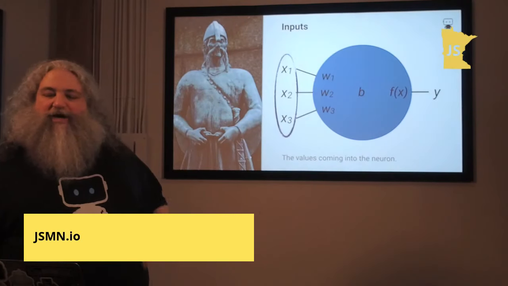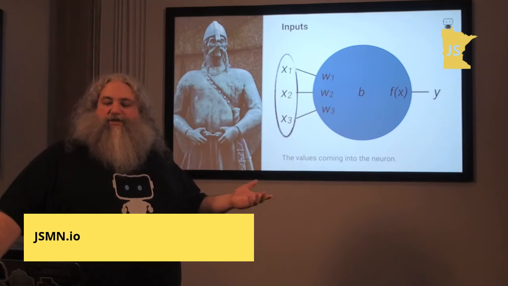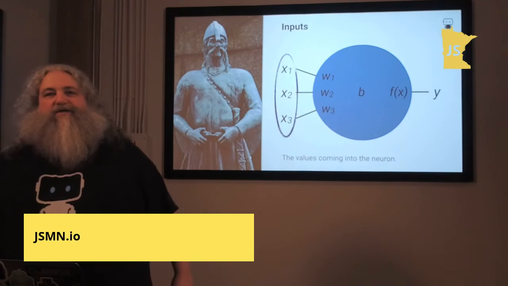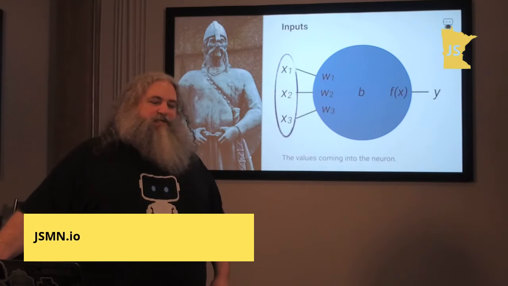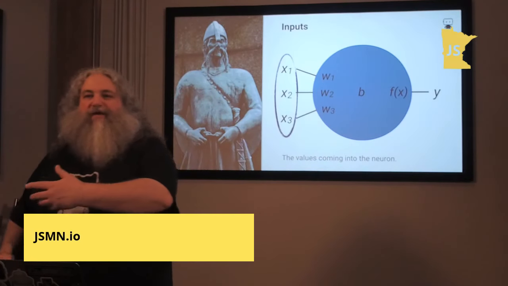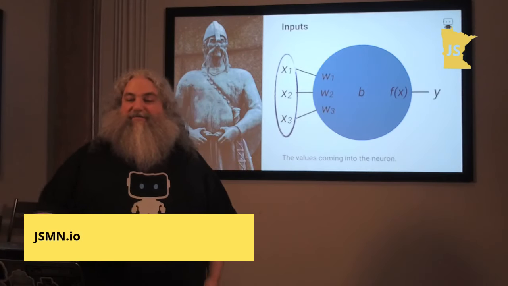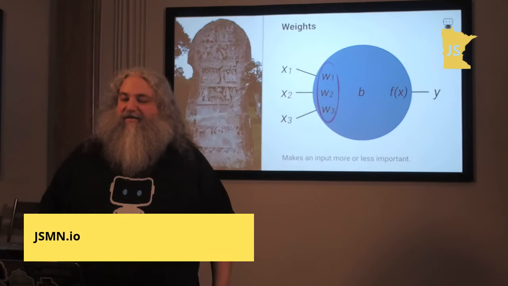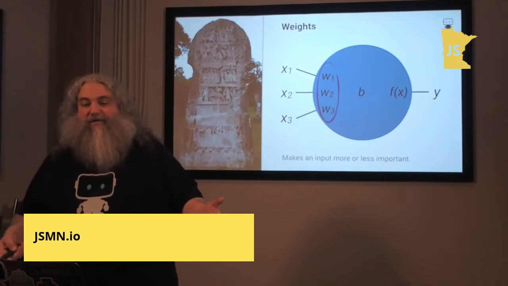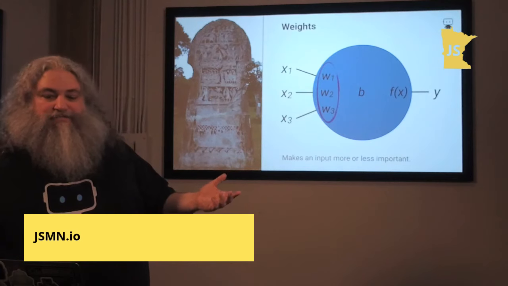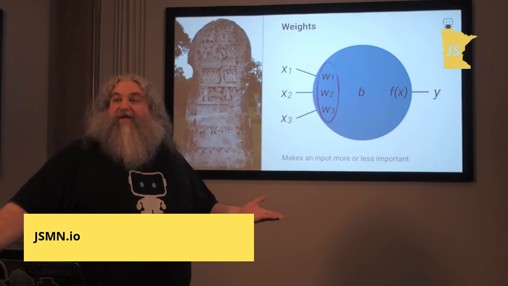Breaking it down a little bit, here are our inputs. These are just the values coming into the neuron. If the layer before this neuron has 128 neurons, then this is going to have 128 inputs. We've got the weights on those values, and they make a particular value coming into a neuron more or less important. It does that by multiplying them together.